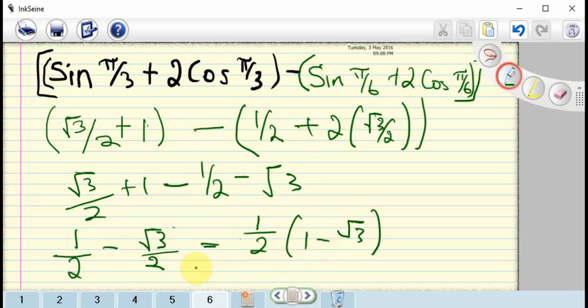And we can leave it as this. The area is equal to half times 1 minus root 3 units.